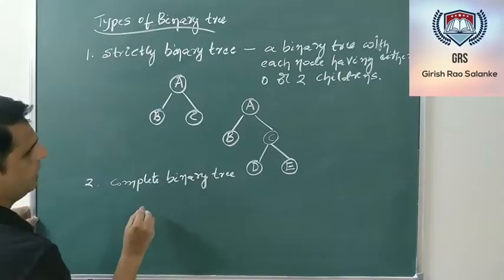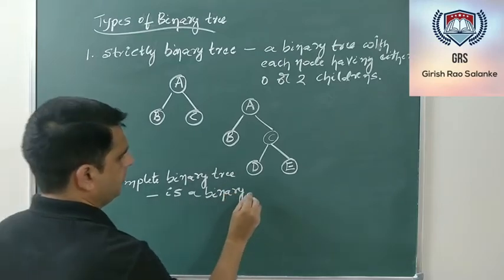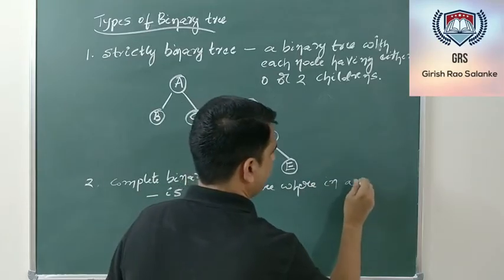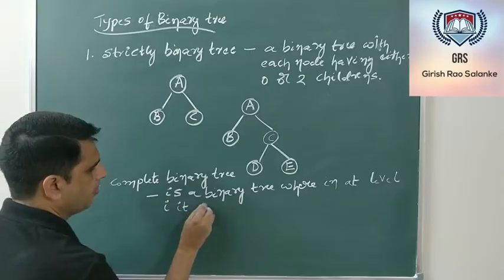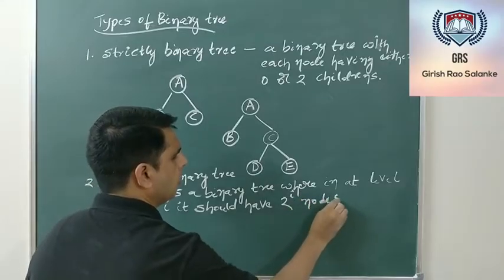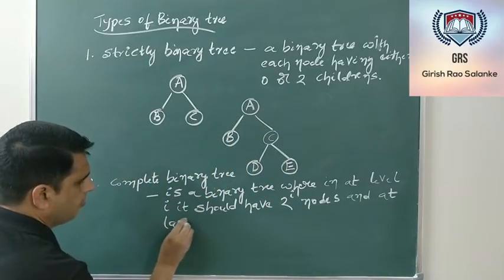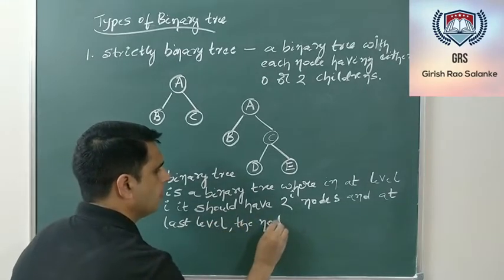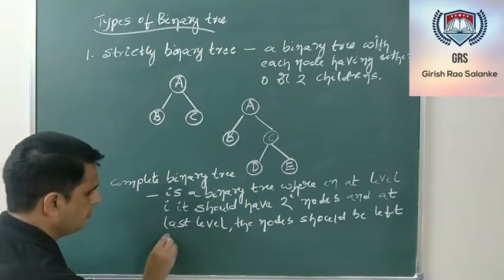Maybe I can define a complete binary tree as a binary tree wherein at each level i it should have 2 power i nodes, and at the last level the nodes should be left filled.